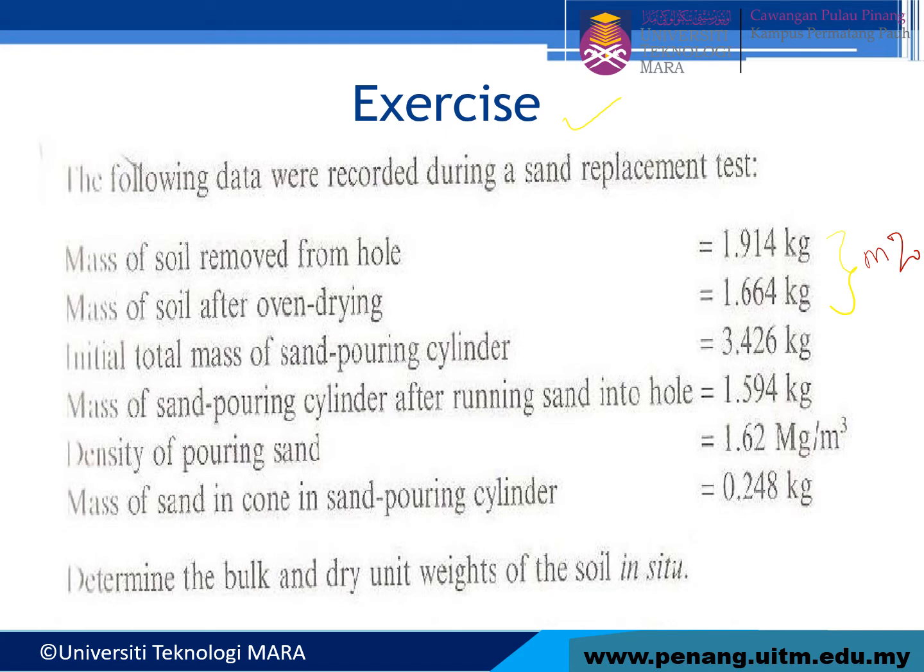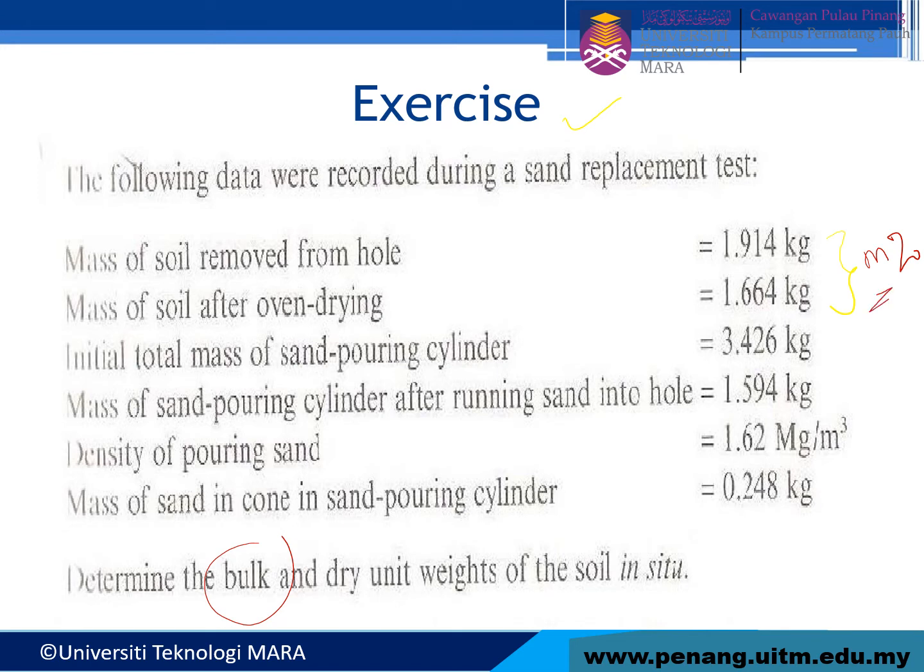Then you have the initial total mass of the sand pouring cylinder, the mass of sand after running sand into the hole, the density of the pouring sand, and the mass of sand in the cone. You may refer to the previous calculation to get the bulk density. After that, you determine the dry density by using the moisture content.